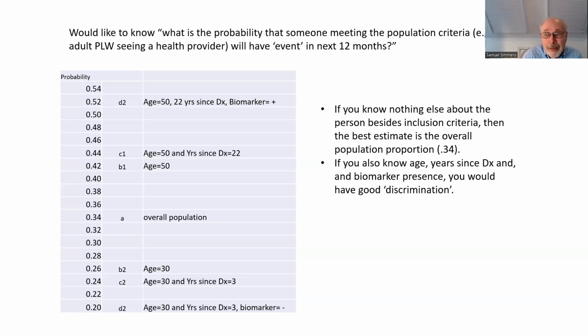If you had a model and you found that for most of the values of the predictor variables that you're interested in, the predictions are very close to the population value, so let's say they're all between 32 and 36, the average is 34. Well, is that model useful?